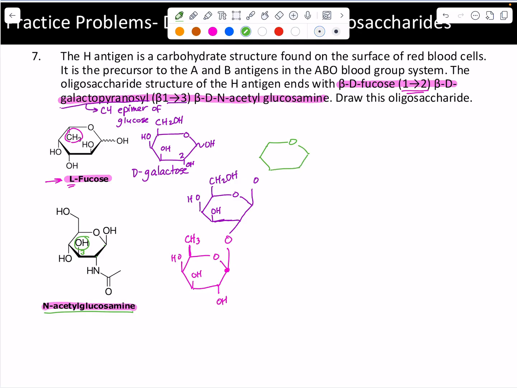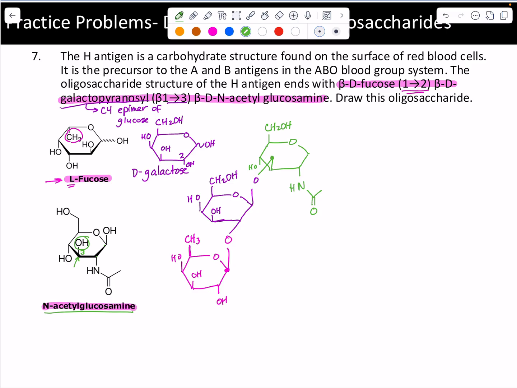And I have my OH down here. I have my CH2OH up here. And then I've got my N-acetyl group down here. All right, and so on carbon 3, it's up. So my linkage is, I would draw like that, so to indicate that it's, again, it's above the ring.